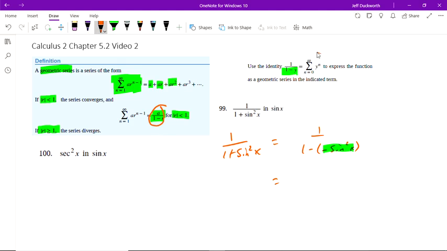So given this formula here, that's going to equal the sum, n equals 0 to infinity, of y, which we know to be negative sine squared x, raised to the nth power. Now, instead of ending here, we can do a little bit of cleanup because we can break sine squared and the negative 1 up into 2 pieces, right?